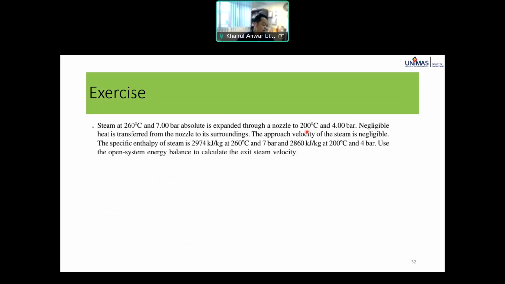Refer back to the equation, right there, velocity. So this is an open system energy balance. You find the open system energy balance equation, equation 7.4-15.